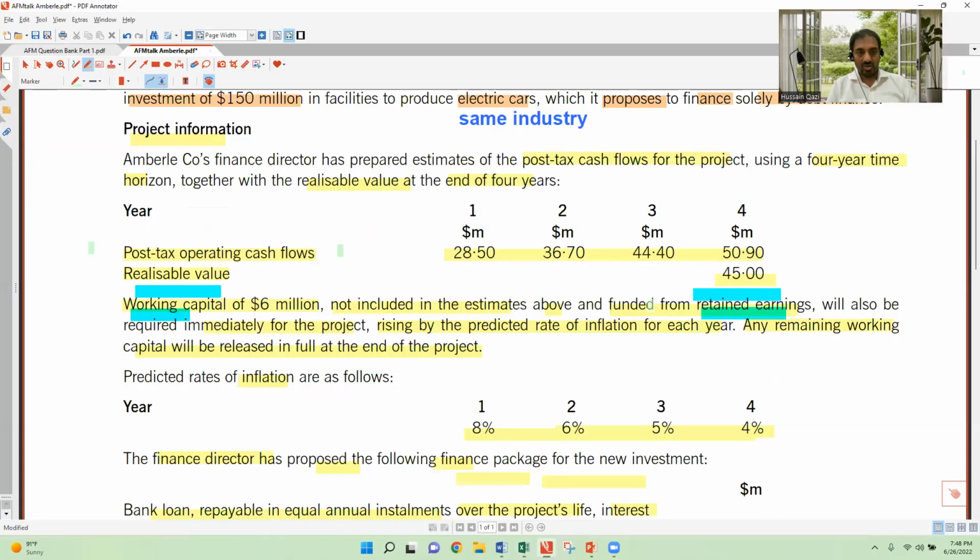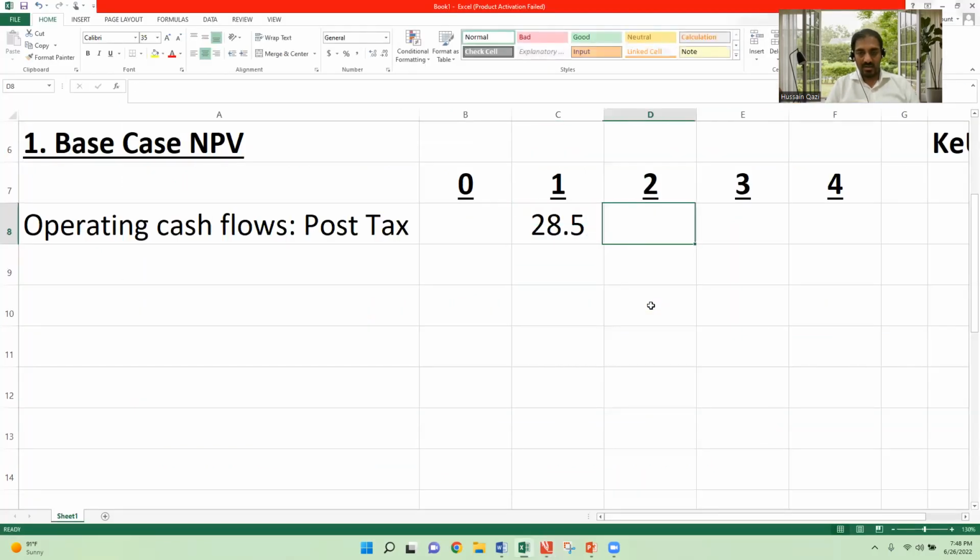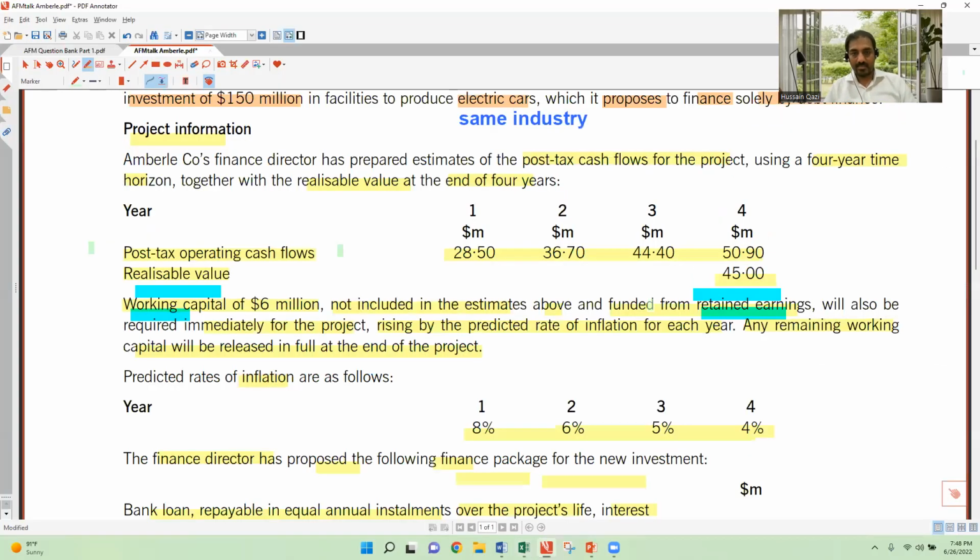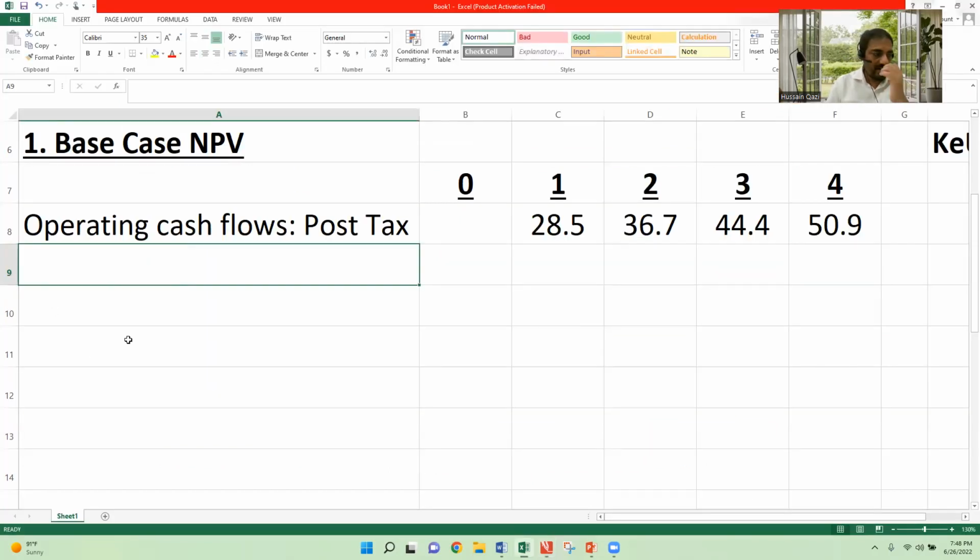Post-tax operating cash flows: 28.5, 36.7, 44.4, and 50.9. These are post-tax operating cash flows. That's a tax matter, all incorporated.